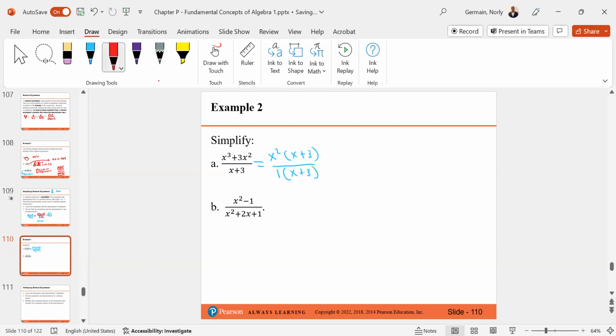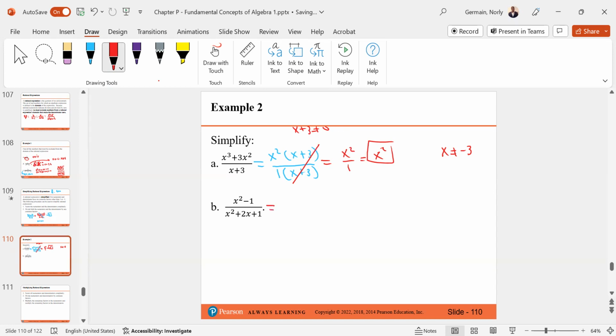You can cancel out the x plus 3 when x plus 3 is not equal to 0. That's the condition. So the answer would be x squared over 1, which is only x squared as a final answer. Remember, x cannot be equal to negative 3, so we must exclude the number that would make the denominator equal to 0.